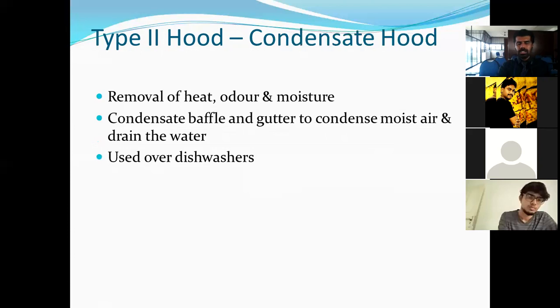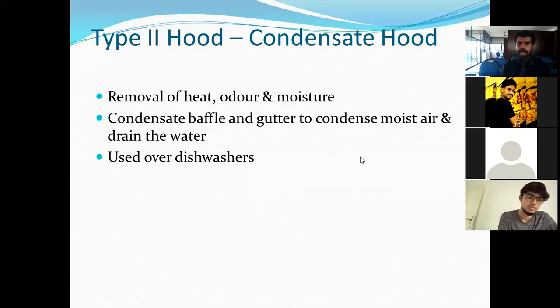Now, all these things you can just understand; don't study deep into it. You just need to know what the different types are and why they are used. That's it. Condensate hood: removal of heat, odor, and moisture. So you can remove the heat, odor, smell, as well as the water content with the help of a condensate hood.